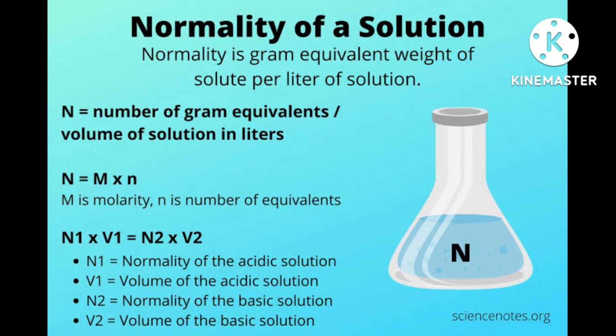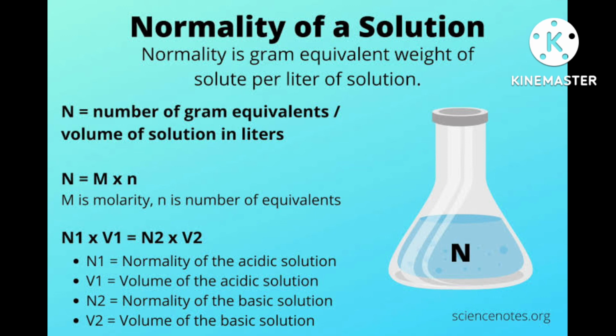In that way, for a base, suppose you want to calculate the equivalent mass of calcium hydroxide, Ca(OH)2. There are 2 OH, so it will give 2 OH in solution. Then the molecular mass of calcium hydroxide is divided by 2.